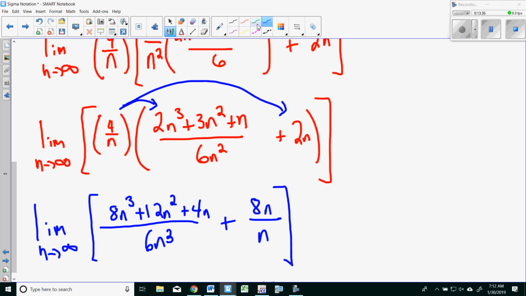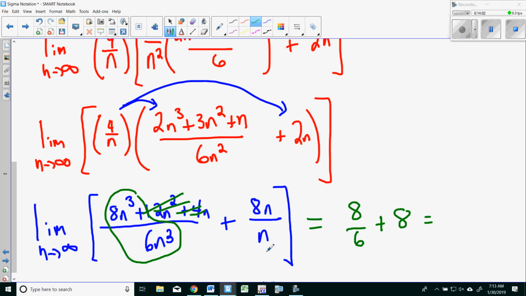Now, one of the ways to check if you're doing these, on most of these, you're going to end up with something like we have in both of these fractions, where your leading coefficients are the same power. So that means you can ignore everything else, and your leading coefficient is going to be 8/6 on the first one. Your leading coefficient on the second one is 8.